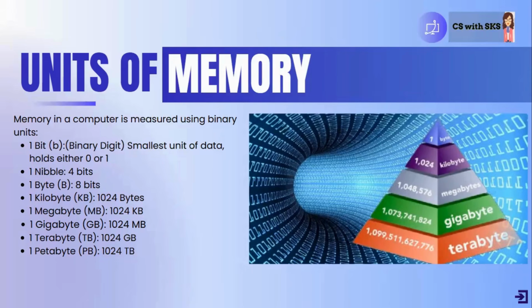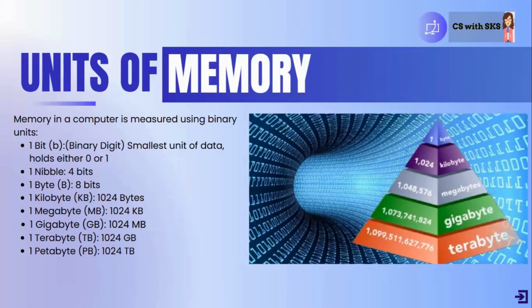Then comes nibble. Nibble is basically collection of 4 bits. So 1001 or 1111 or 4 zeros makes a nibble. Next is a byte. We denote it with a capital B. It is group of 8 bits.